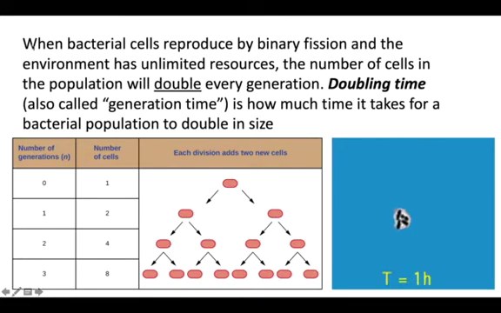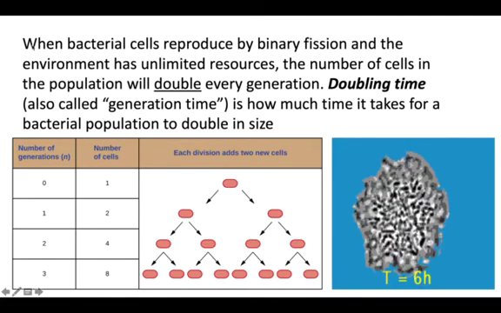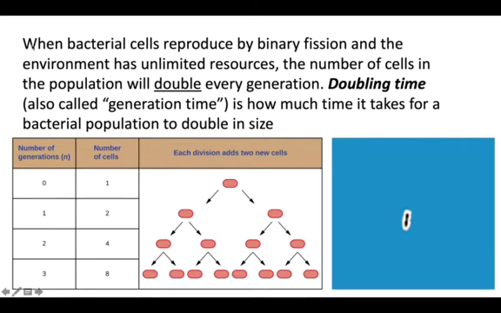It's like heaven for the bacterial cells. And if you have these unlimited, wonderful resources, the number of cells will double every generation. So within an amount of time, known as doubling time, they will double. This is also known as generation time.